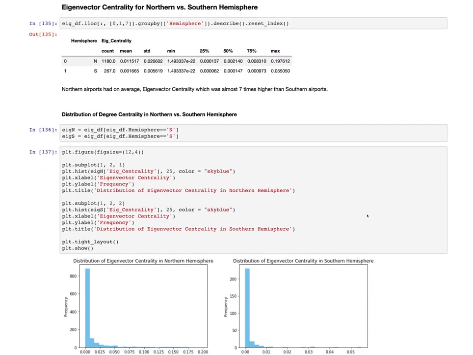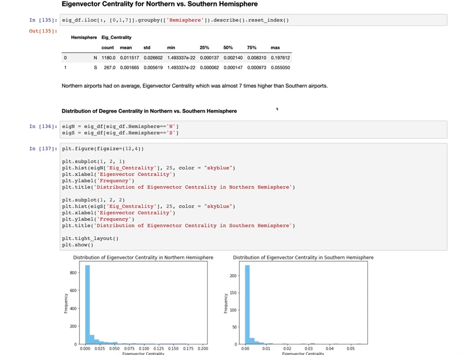So again, we did our summary statistics. You can see the average for the north is 0.01, and the average for the south is 0.001, so almost a tenth of the northern mean.